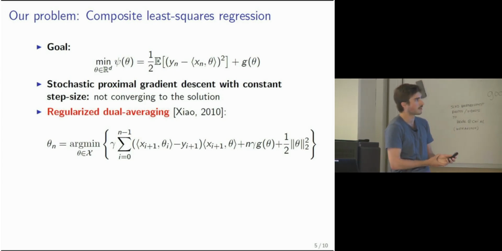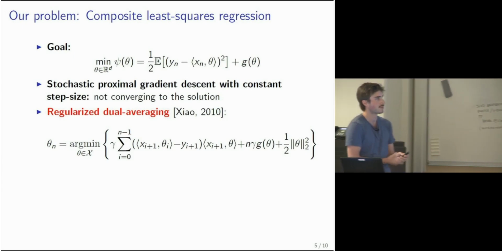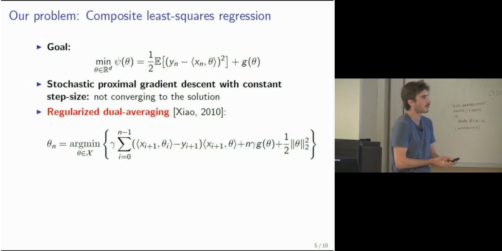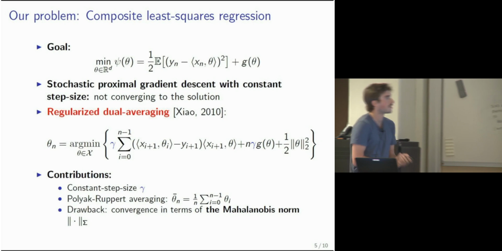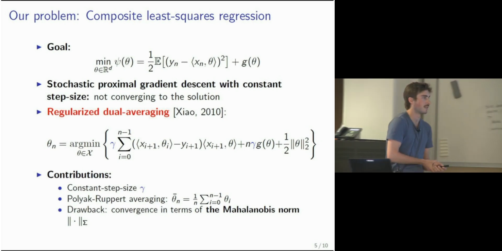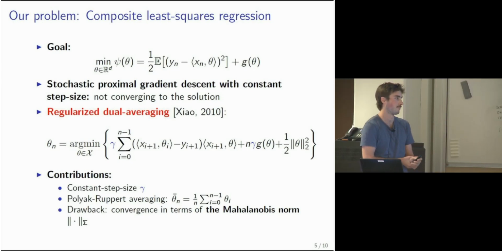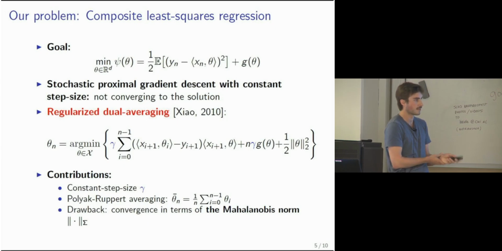In this algorithm, the next iterate is the minimizer of the sum of the previous first order approximations of the function observed from time 0 to n minus 1, plus n times the regularization, plus the L2 regularization. We study this algorithm in a particular setting with constant step size and with techniques dating back to Polyak. The main drawback of our analysis is that the convergence rate will only be in terms of the Mahalanobis norm with regard to the covariance matrix sigma.